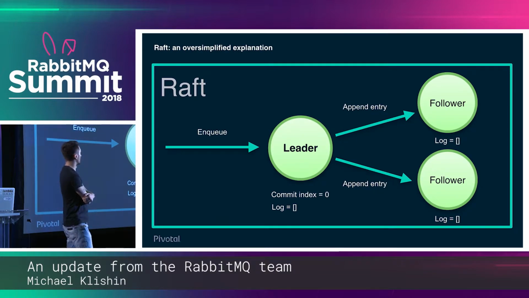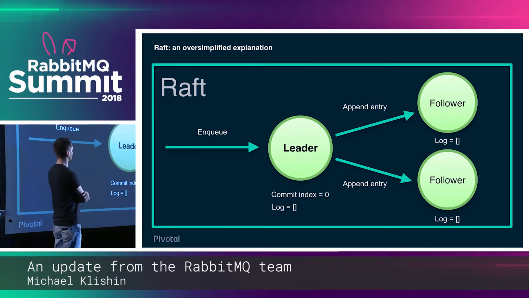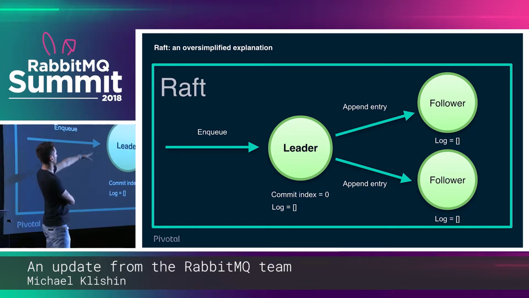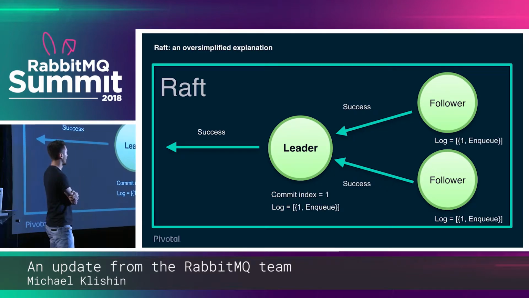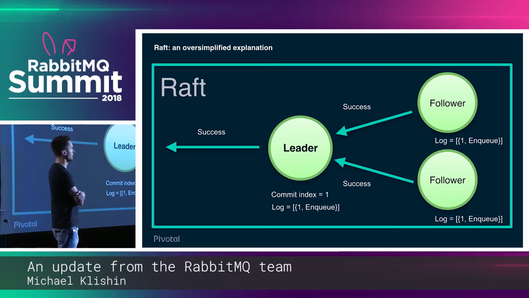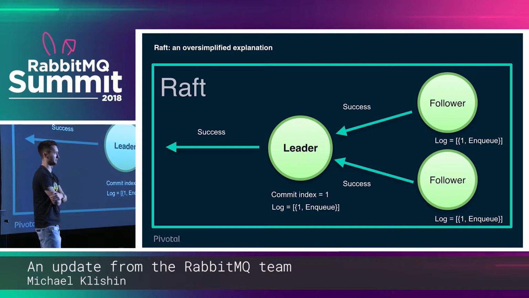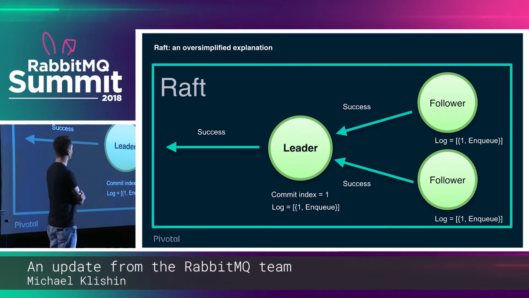So the leader tells its known followers, hey, please append this entry to your log, and we can see that the log of those 2 followers is empty in this case. And they do that. How exactly they commit, it doesn't matter, but let's just say that Raft is pretty I/O heavy, and it really tries to be reliable, and things should go to disk as quickly as possible, basically.